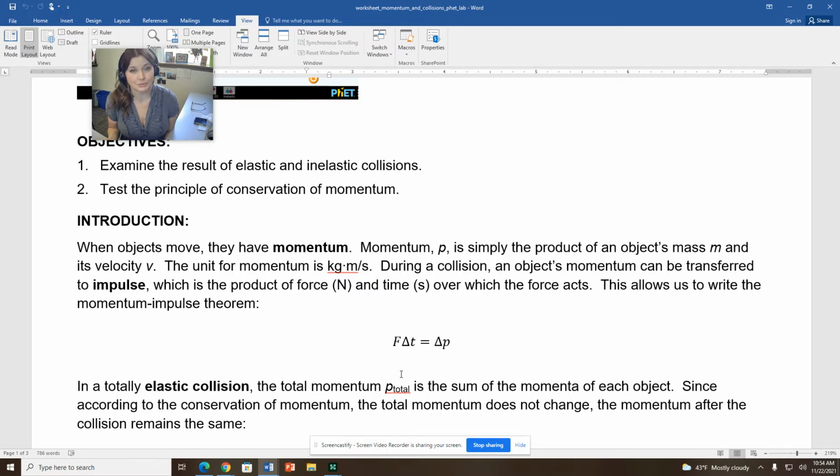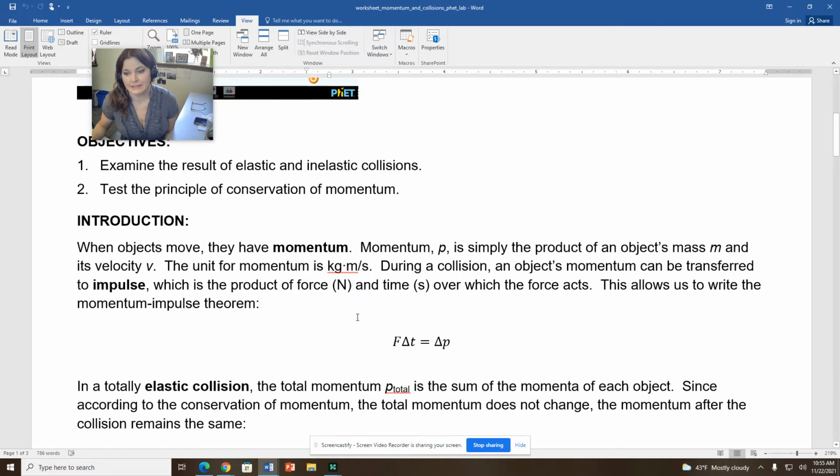Unlike inertia, which we talked about before, which is dependent only upon the object's mass and does not have to be a moving object, right? You can have inertia at rest as well. So momentum is mass times velocity.